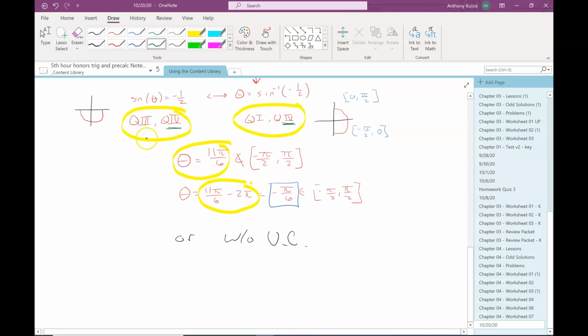So I'm going to pick up at this spot. We've identified our answers in quadrant 4, but instead of going to our unit circle, I'm going to do something different. It doesn't matter to me which one you do, but I want to present both options for you, and you can do whichever feels more comfortable.